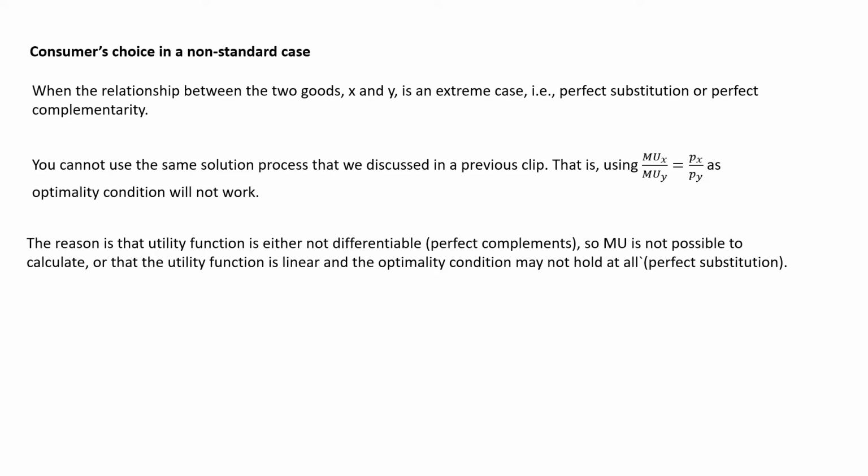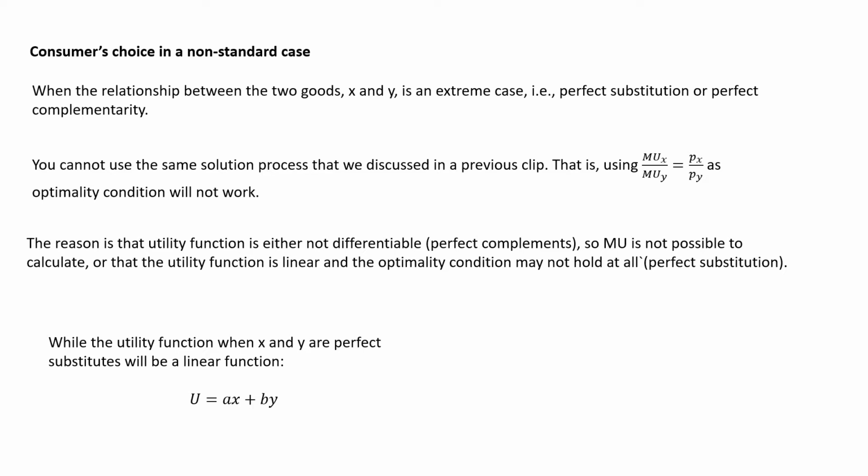Now, a linear utility function means that MUX and MUY are just constants. Now, there is no guarantee that this constant marginal rate of substitution will be equal to the price ratio, which is determined by the market mechanisms. So, it is more likely that this equality may never hold. Nevertheless, we have to find a way to find the optimal choice even when this standard method does not work anymore.